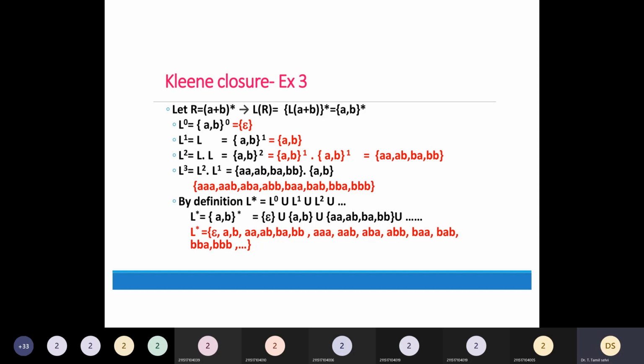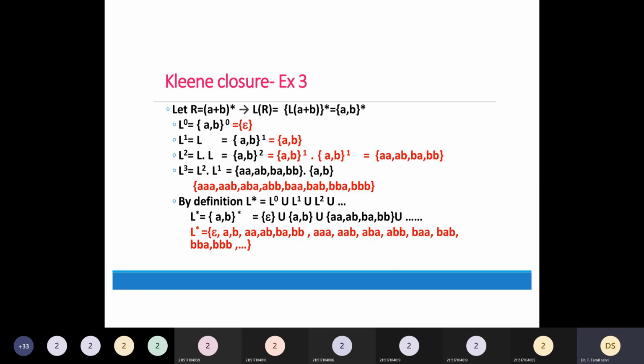While defining the language, you need to combine all the languages into a single language, which is nothing but L star, which means L power 0 union L power 1 union L power 2 union, etc., performing the union operation on the language.